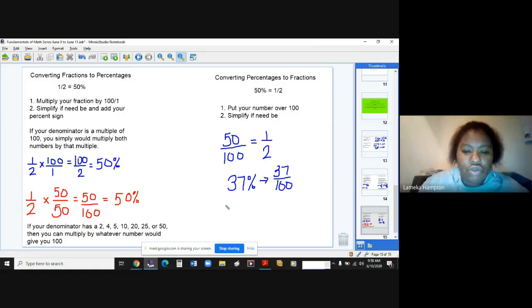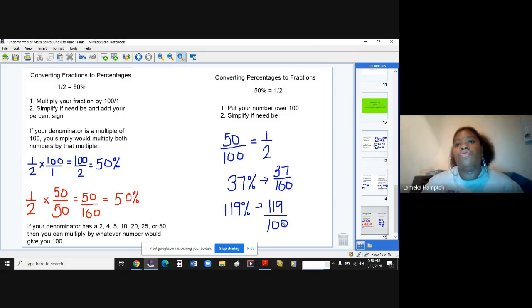So I'm going to use 119. So I have 119%, and I need to convert this to a fraction. Again, I'm just simply going to put my number, which is 119, over 100. This is what we call an improper fraction. Again, you do not want to leave your fractions improper.